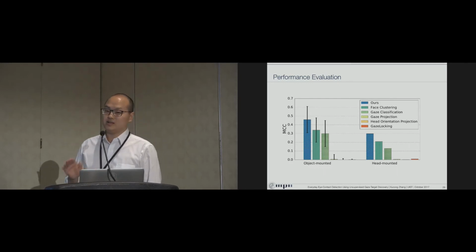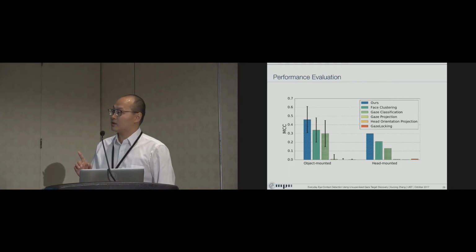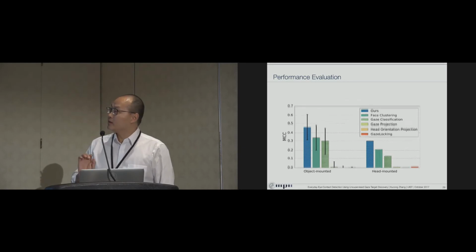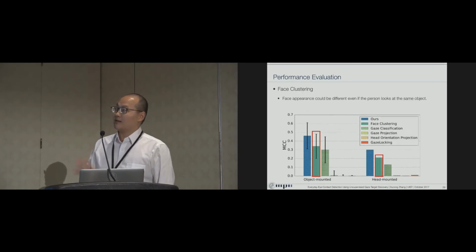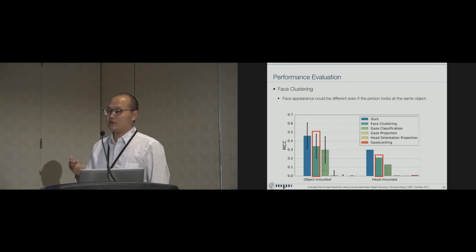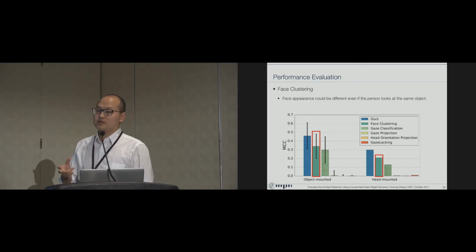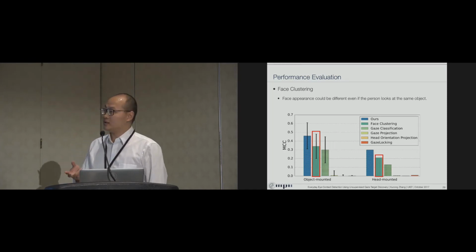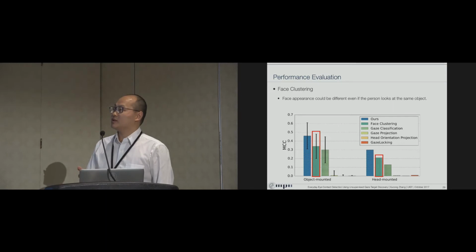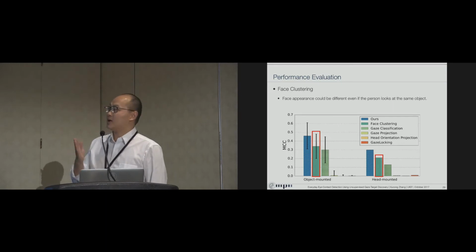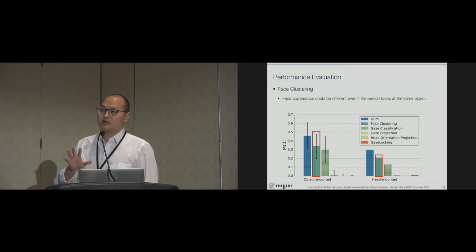You can see our method, at the far left, performed best over the other baselines. Most specifically, face clustering uses the face feature for clustering and detector training. We think it's not good to use the face feature for clustering because the face appearance can be different, even if the person is looking at the same target, due to different head poses.